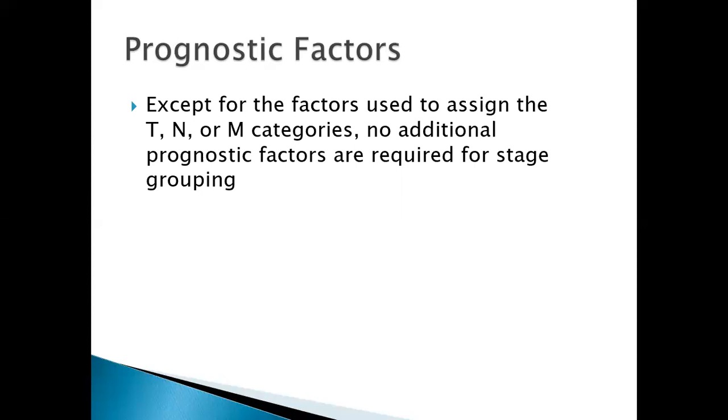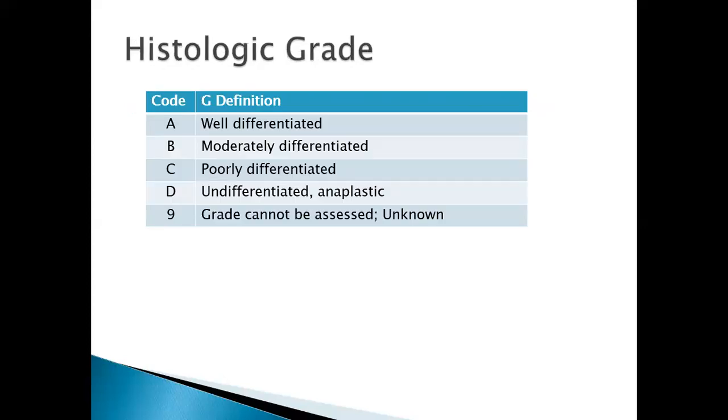Except for the factors that are used to assign the TN and the M categories, there aren't any additional prognostic factors that are required to assign the stage group for melanomas. Normally, melanoma of the skin is not graded. So the AJCC manual does not list a preferred grade system to be used.